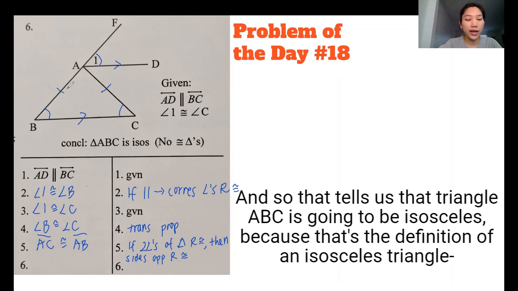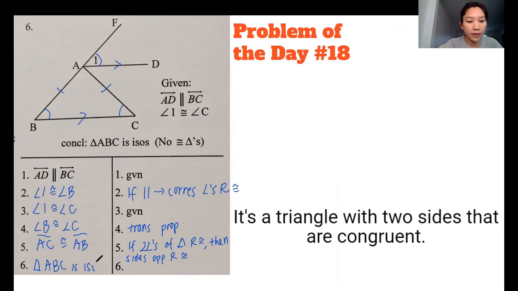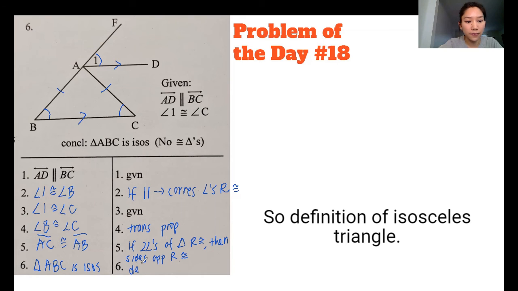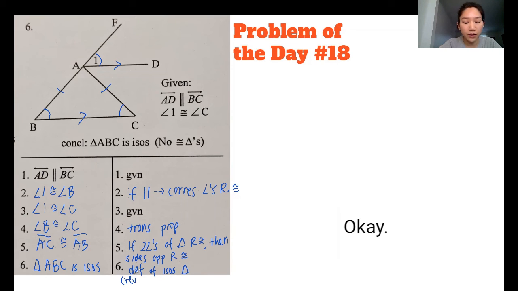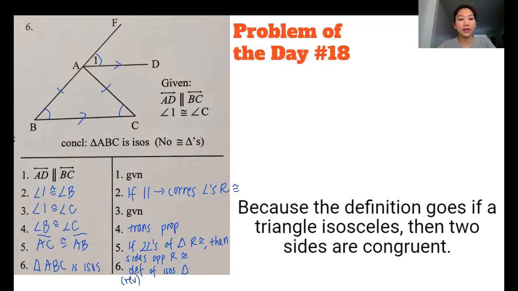And that tells us the triangle ABC is going to be isosceles, because that's the definition of an isosceles triangle. It's a triangle with two sides that are congruent. So the reason is the definition of isosceles triangle. Some people might write the reverse definition. The definition goes, if a triangle is isosceles, then two sides are congruent.